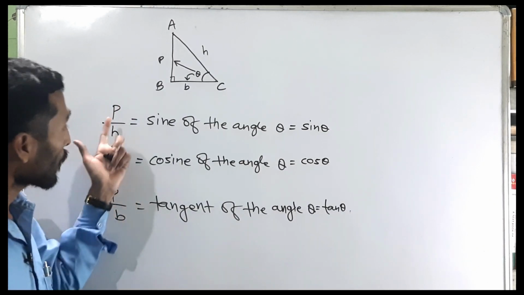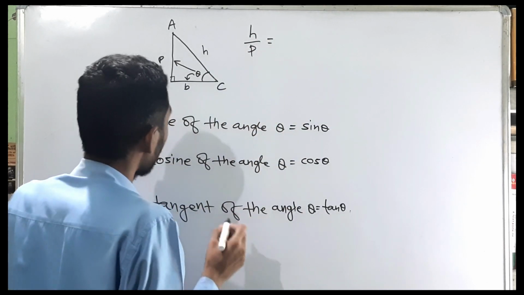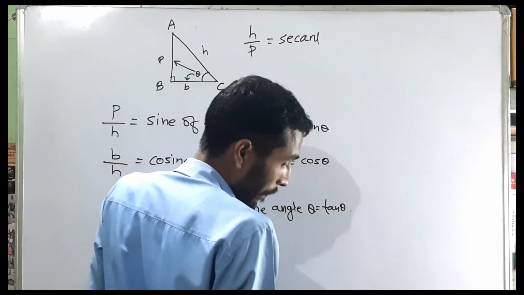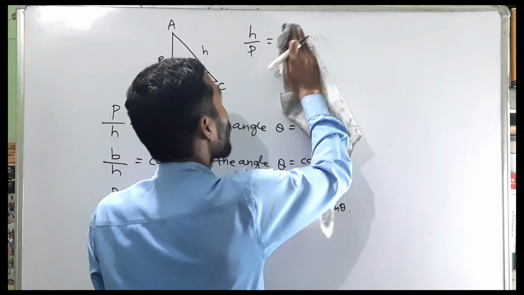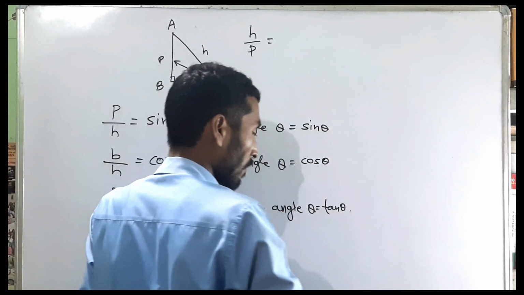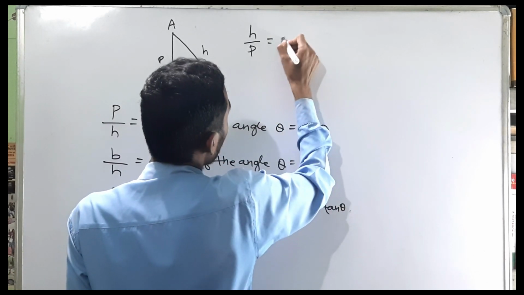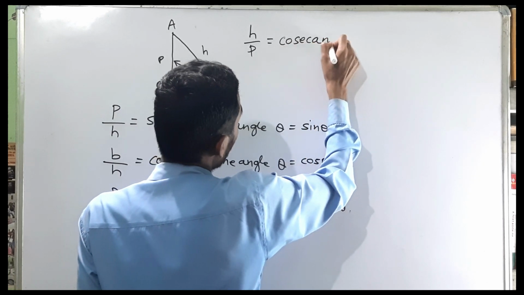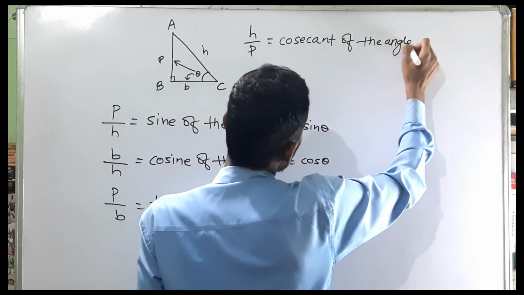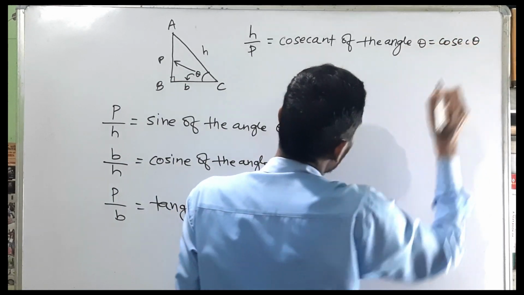If there is h by p, this is called cosecant of the angle theta, and in short, cosec theta.